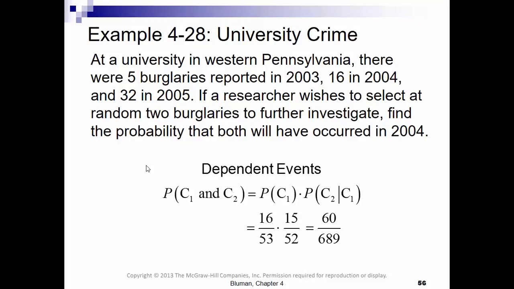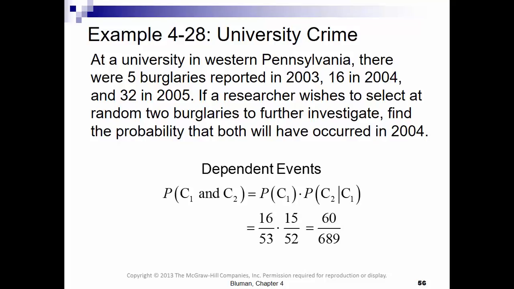So if the second one occurred in 2004, there are now only 15 to choose from in 2004. And instead of 53 events, because we've already chosen a crime to investigate, there's only 52 left out of the total.